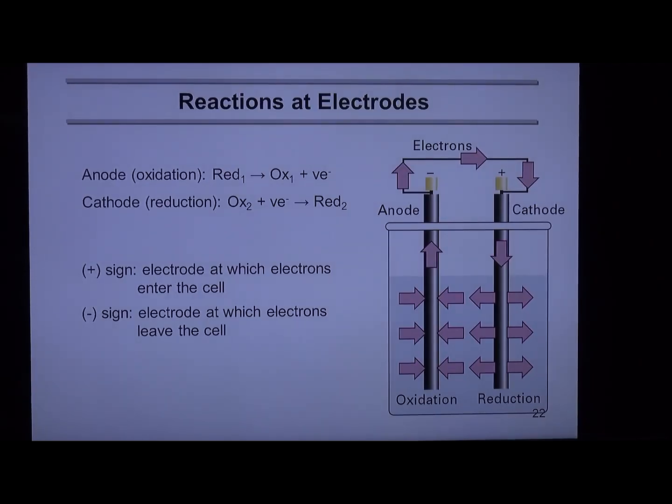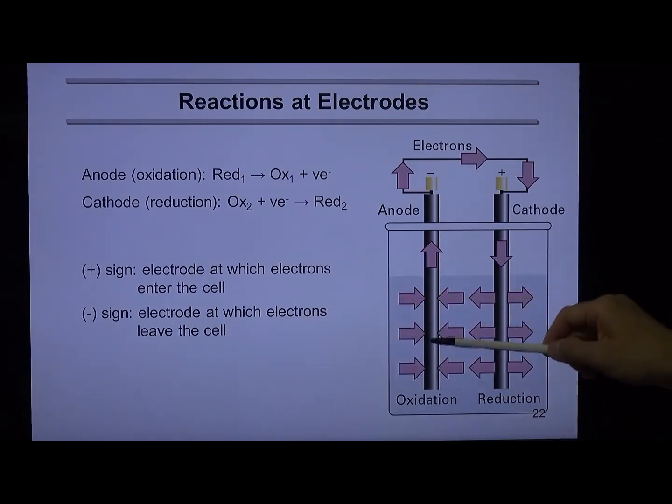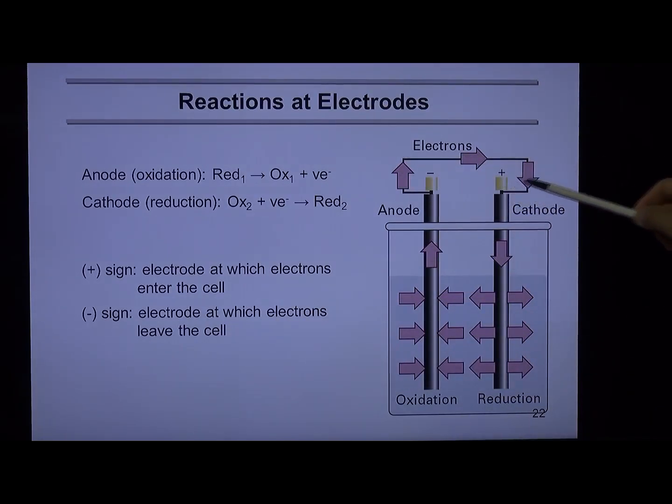So there is a minus sign and a plus sign here, right? The minus sign represents the electrode at which electrons leave the cell. Electrons leave the cell through this circuit, right? So this side is minus, and this side, at which electrons enter the cell, is positive.